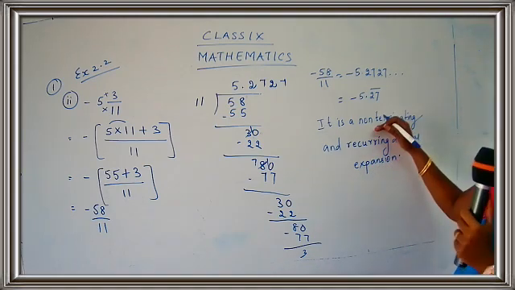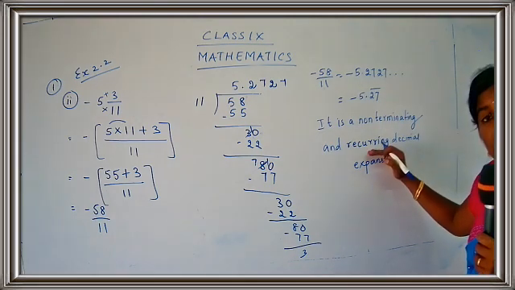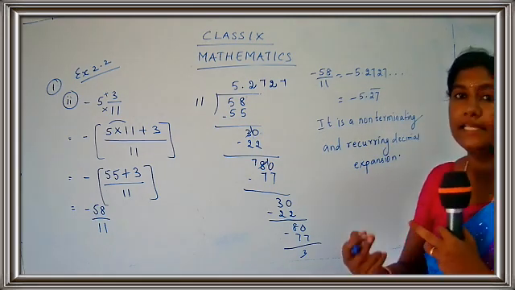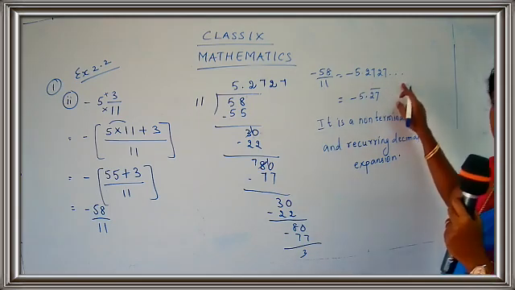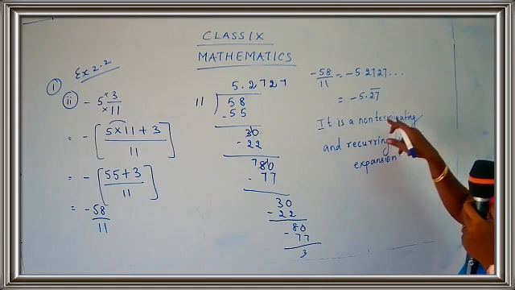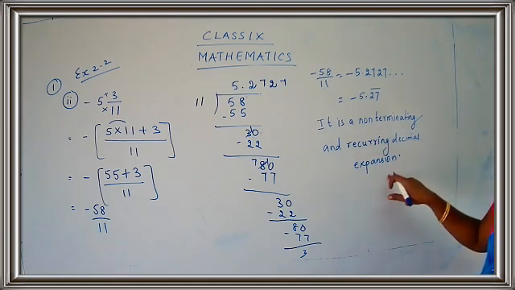Non-terminating means what? It's not going to stop. Recurring means what? It's going to be repeated. The number 27, 27, 27, 27 will go on repeating. So this is called a non-terminating and recurring decimal expansion.